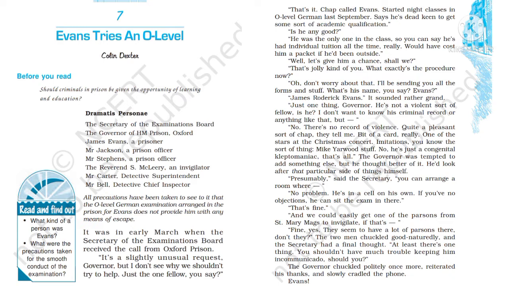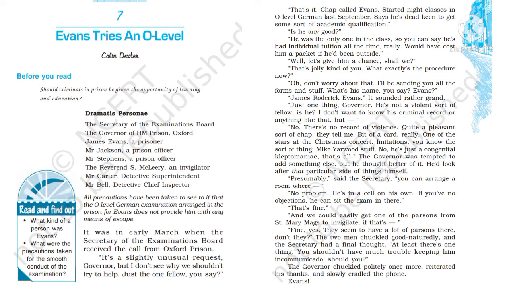Now these are the important things that they talked about. But other than this, there were also some other things related to Ivans that they were discussing. Firstly, the secretary asks the governor, is Ivans good? That is, is Ivans capable of passing the examination?